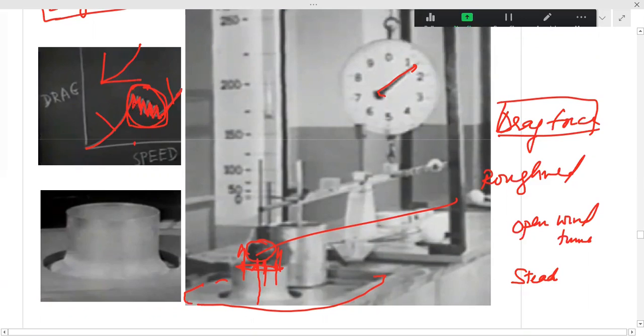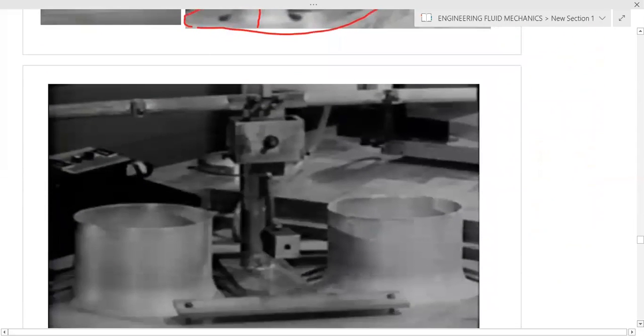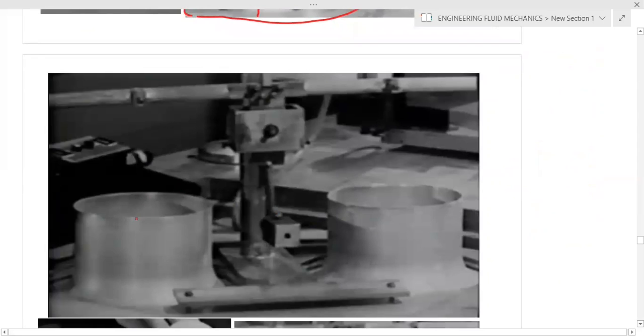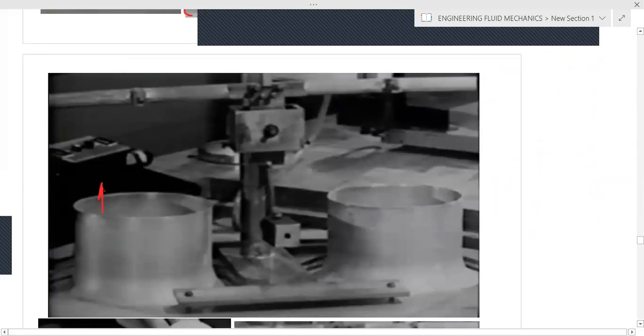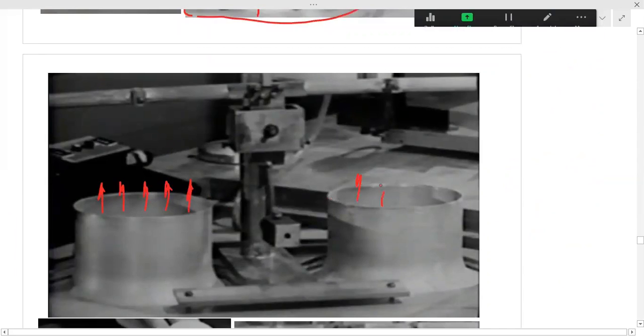So keep this experiment at the back of your mind. We will come to it at the end of the lecture. I am now showing you the second experiment. These are now two open wind tunnels. In both the wind tunnels, air is blowing up.